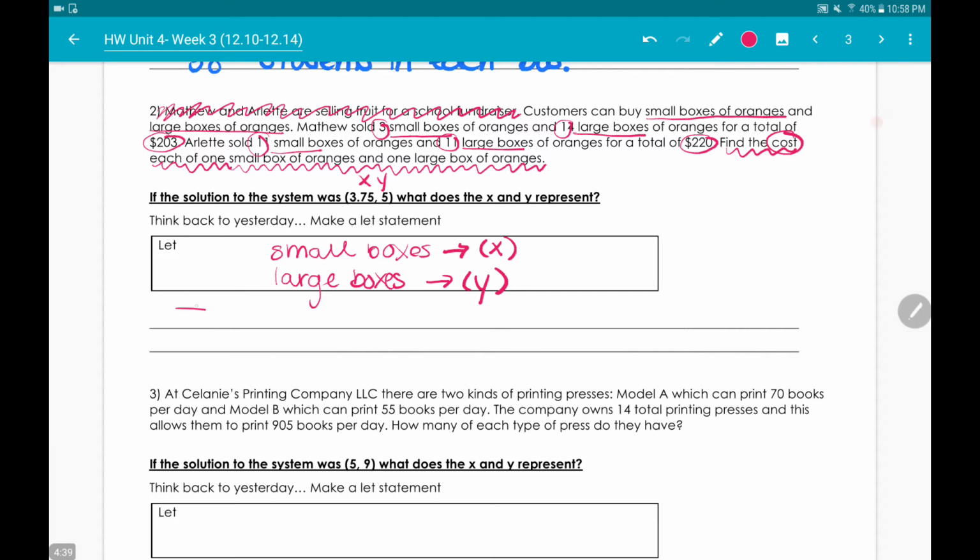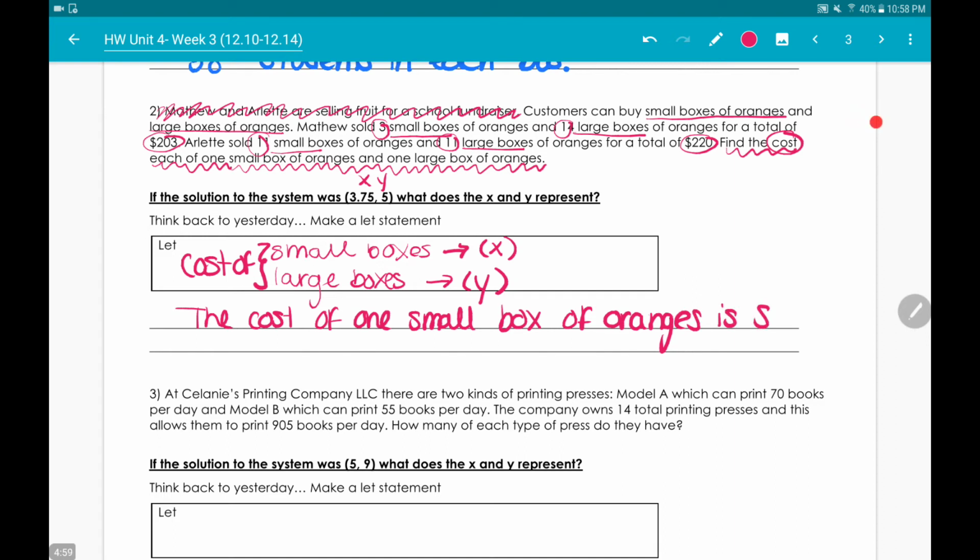X would be the cost of the small box of oranges is $3.75.